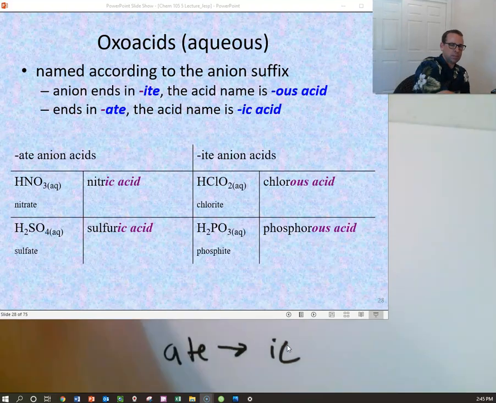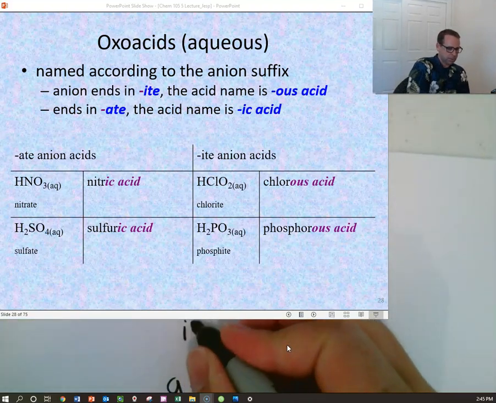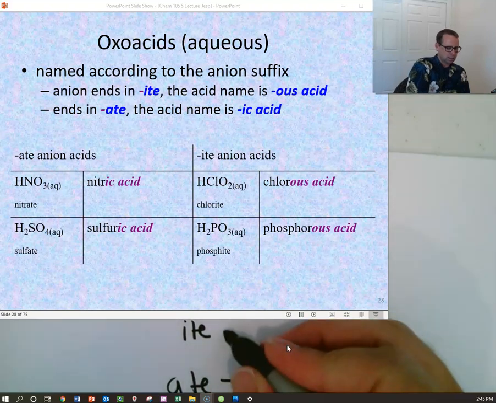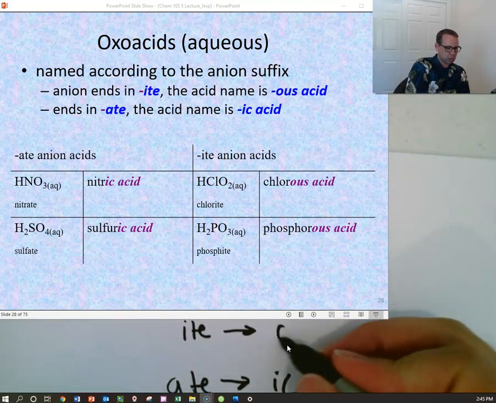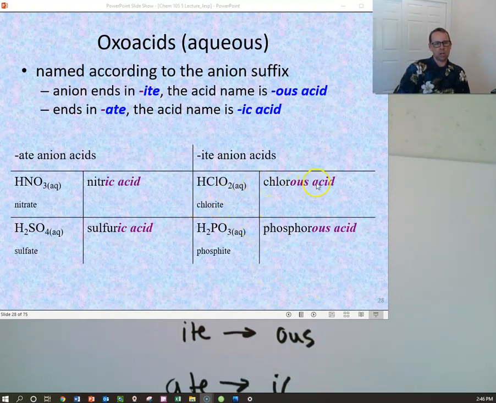If the polyatomic ion ends in ite, then ite goes to ous. Ate goes to ic, and ite goes to ous. So chlorite becomes chlorous acid.